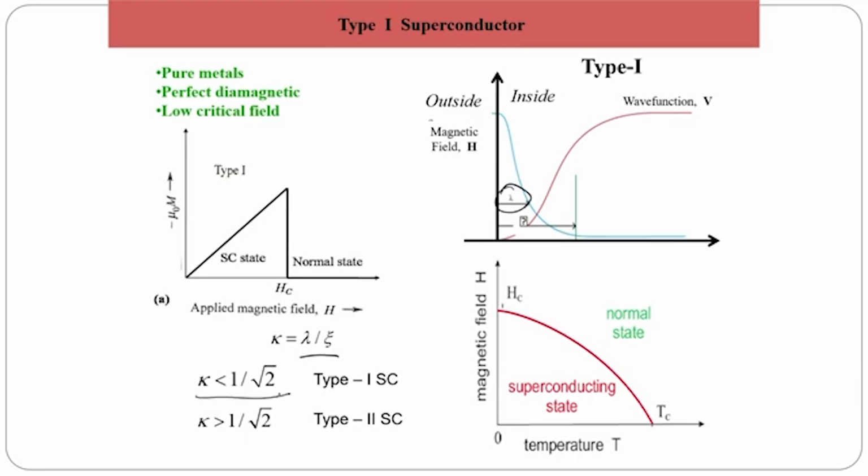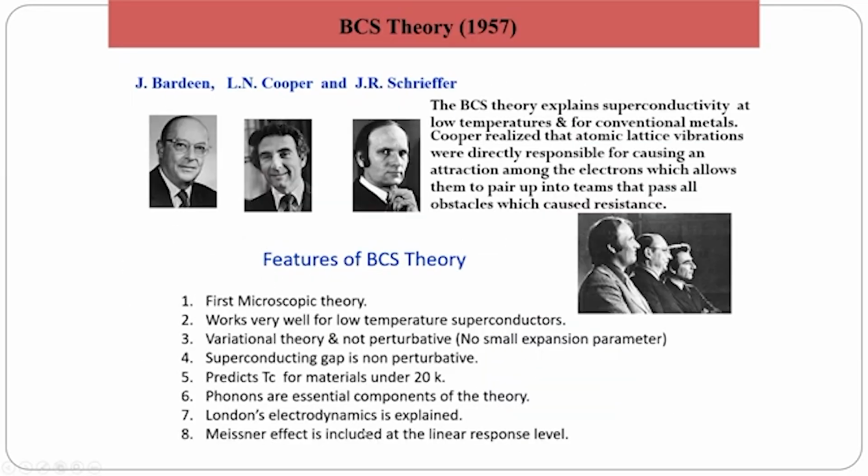So, this kappa, which is a dimensionless quantity, is the ratio of lambda by xi, and this lambda by xi is less than 1 over root 2 for type 1 superconductors, and for type 2 superconductors it is greater than 1 over root 2.